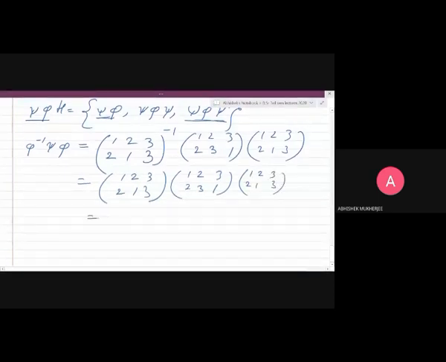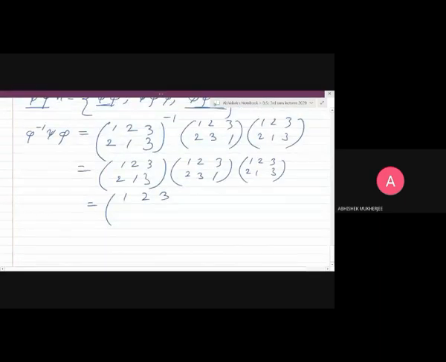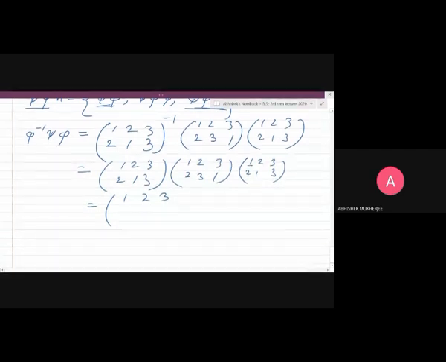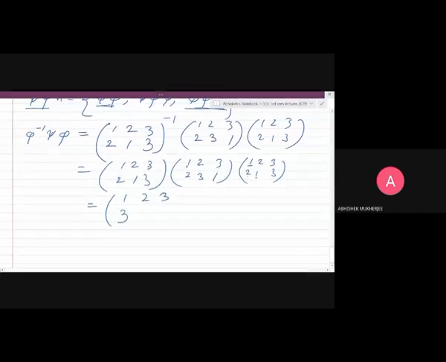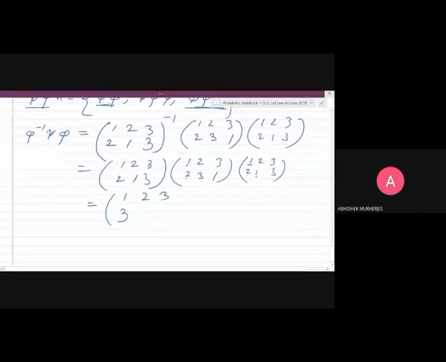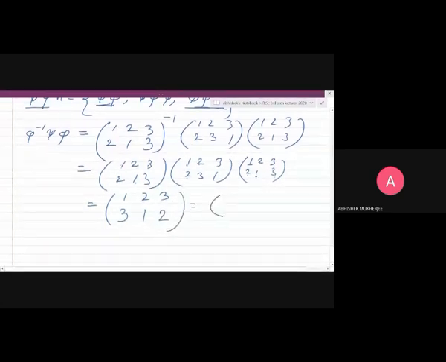Okay, so then what you will get: 1 goes to 2, 2 goes to 3, 3 goes to 3, so 1 goes to 3, 2 goes to 1, 1 goes to 2, 2 goes to 1, 3 goes to 3, 3 goes to 1, 1 goes to 2, so it is this. So what is that?